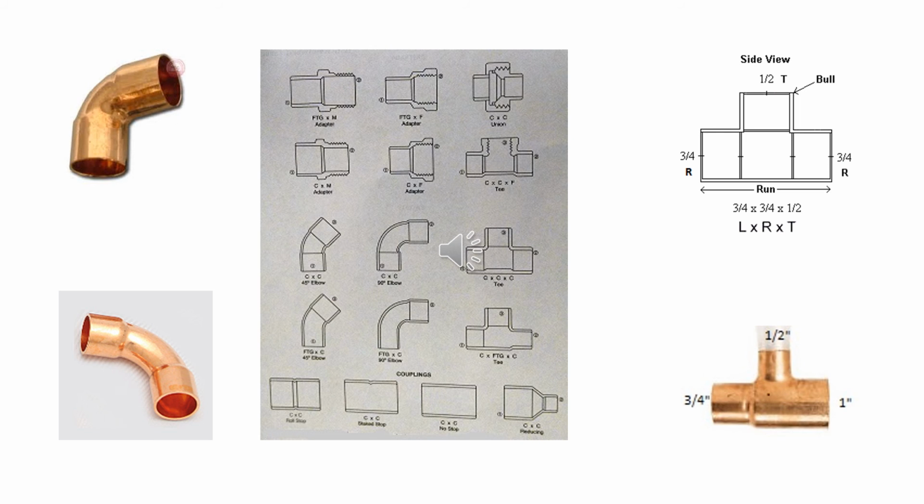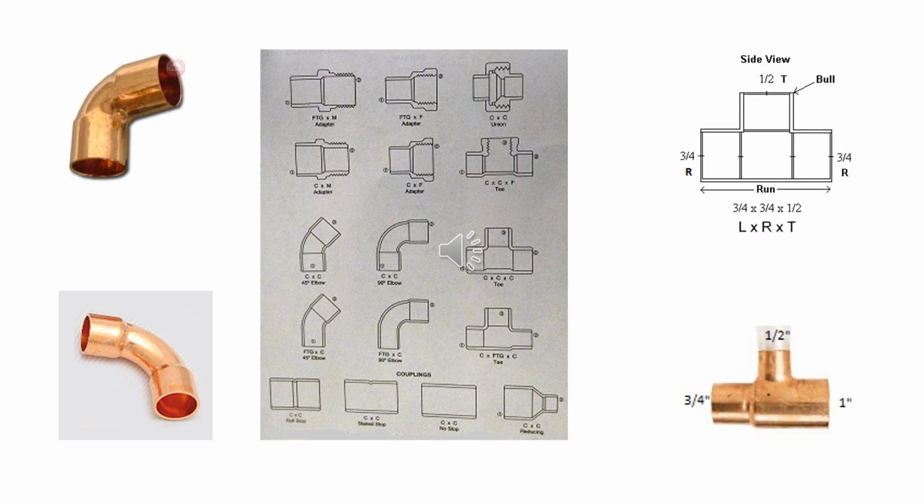FTG is the designation for street fitting ends. What that means is the end of the fitting designated FTG will fit inside of another fitting. M is the designation for a threaded male end. F is the designation for a female threaded end.